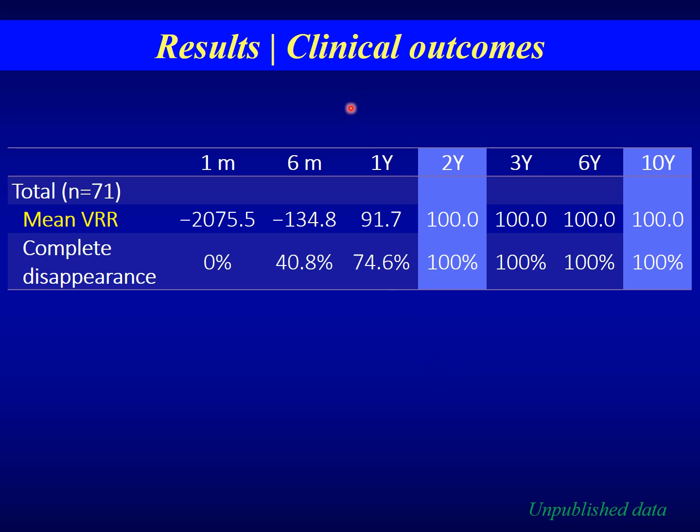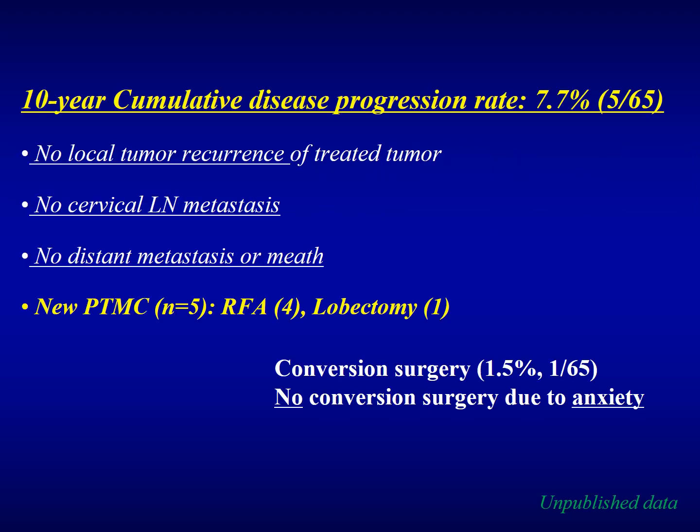The clinical outcomes show a complete disappearance of the tumor was achieved within 2 years in all patients, and there was no local tumor recurrence at 10-year follow-up. What about the cumulative disease progression rate? In this study it was 7.7%. However, there was no local tumor recurrence, no cervical lymph node metastasis, no distant metastasis, or procedure-related death.